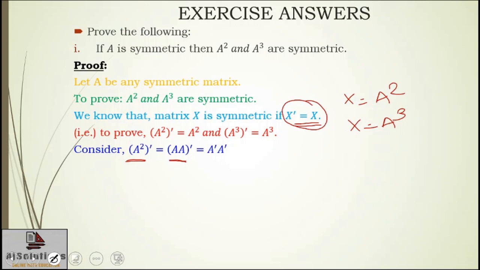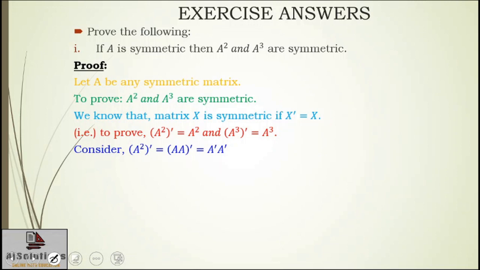After that, you are going to apply the fourth property of transpose: transpose of A into B equals B transpose A transpose. But here, since both the matrices are the same, you are not going to see any difference. So you get A transpose into A transpose.